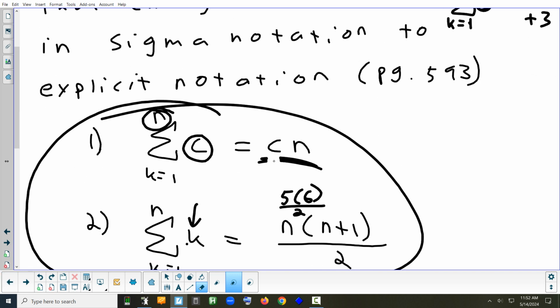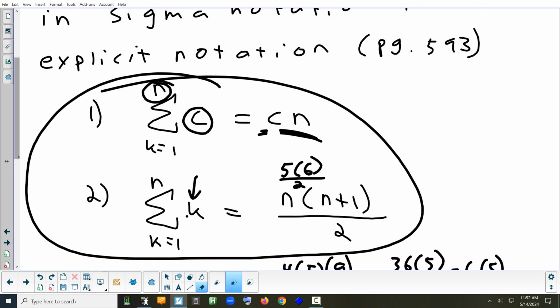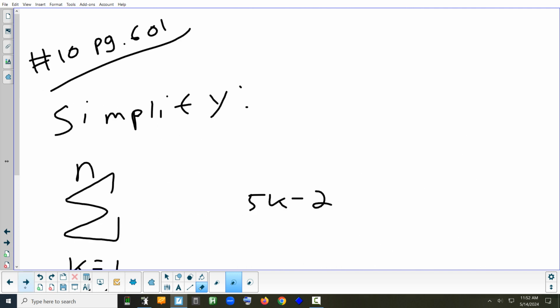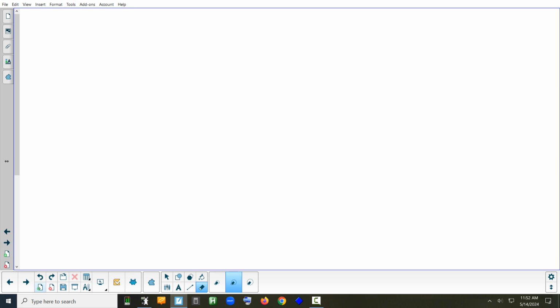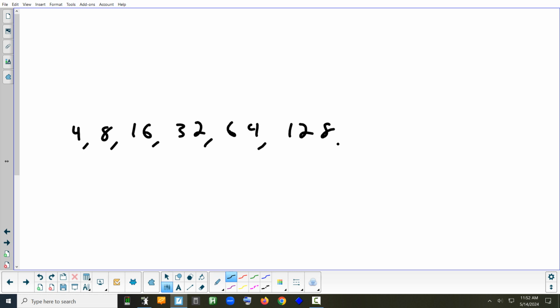And you now know how to add up integers from 1 up to as high as you want to go, and that's the formula for it right there. But what if we wanted to add up terms like this? Let's say we had 4, 8, 16, 32, 64, and so on.